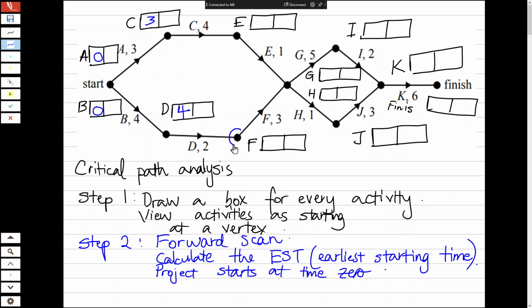All right, Michaela, we are here. I want to know when I can start activity F. So we can't start D until 4 weeks have passed, and I know that D takes 2 weeks. Say it loudly. 6.